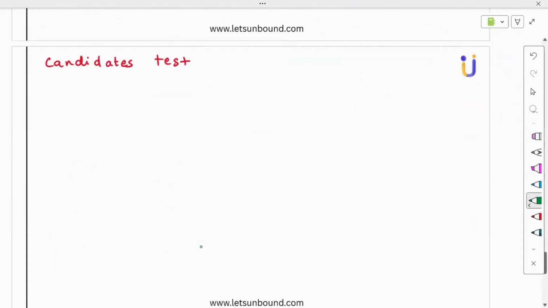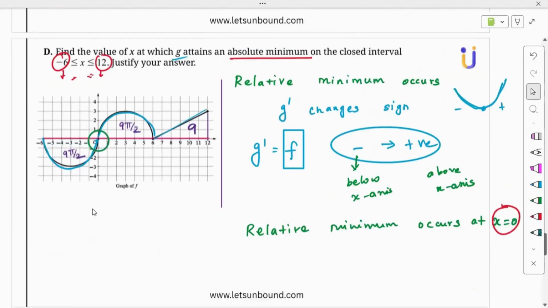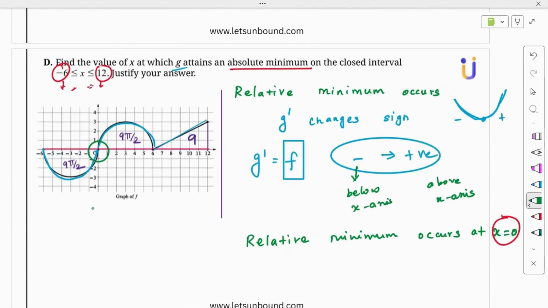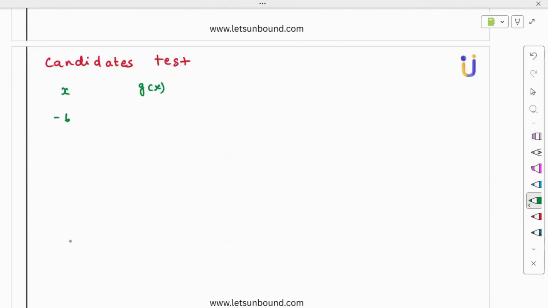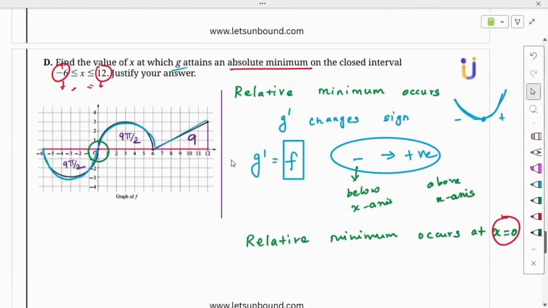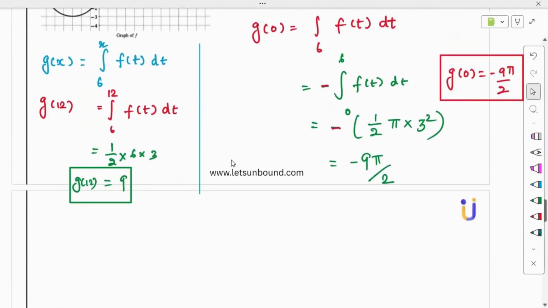Candidate test: when x is -6, what is g of x? Because we are checking the absolute minimum for g, don't confuse f and g. I think we solved some of these before.